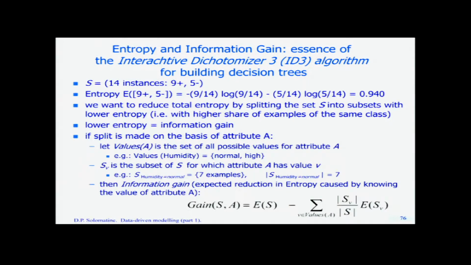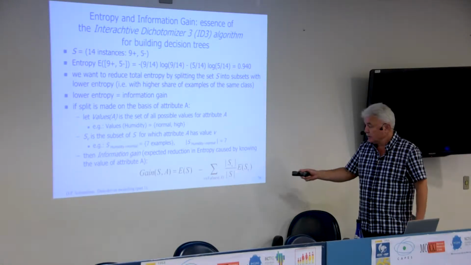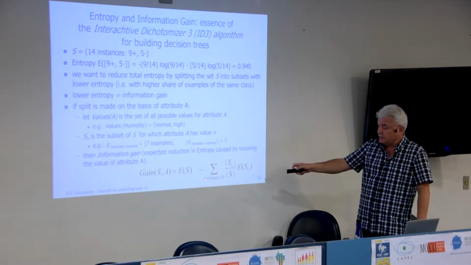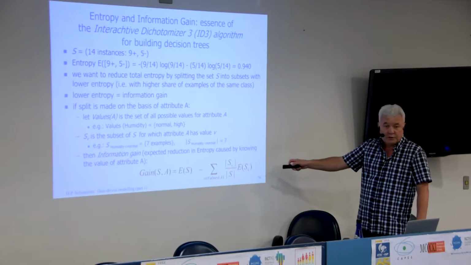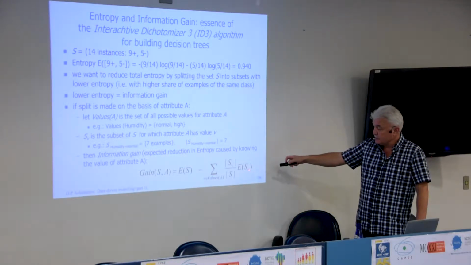So what I do, I calculate entropy in each subset, and I weigh it by the size of the subset, because it's important to have a big subset. So this is the number of elements in a subset V here, and this is the total number of elements in set S, which I'm splitting, and this is entropy in subset V.